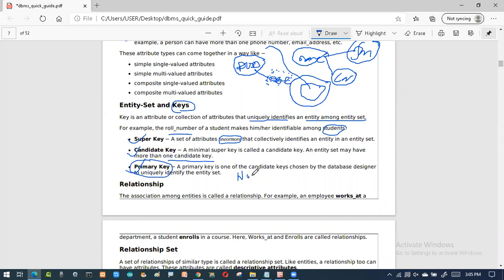It is mandatory, and it allows no duplicates.